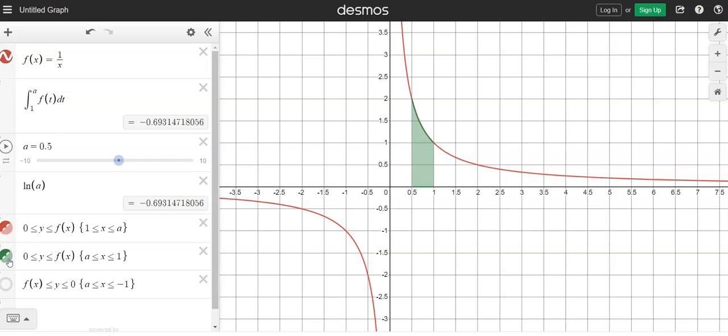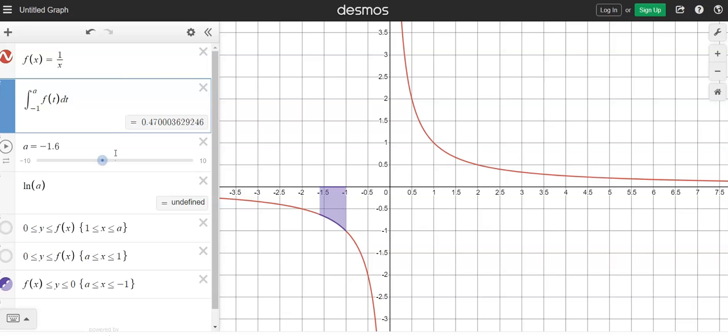Well, that'll still work. Let me turn off these inequalities, turn on this inequality. So now if I go from, let's say, negative 1 to a, I have a problem. Notice that you can't feed negative numbers into a natural log.